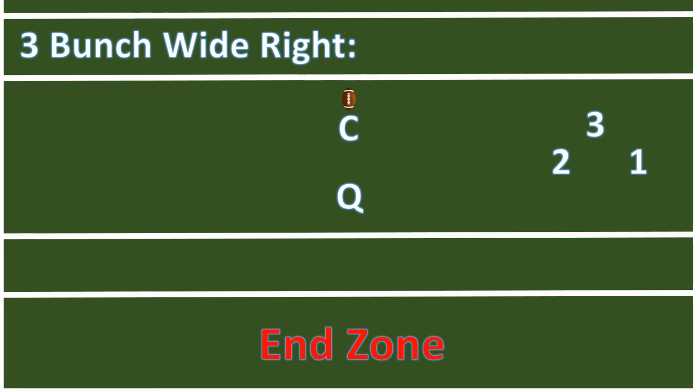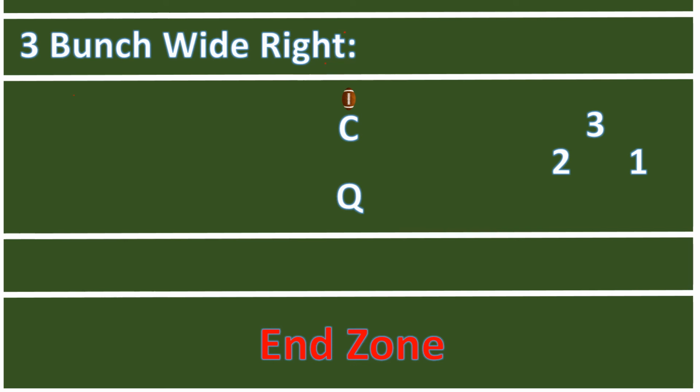So to keep that simple, then we can do the same thing with 3 bunch, 3 bunch. 3 goes out with the bunch now, knows that he's replacing the center who can't move. Wide right, and so now 3 sets the bunch to the right, and now we count it from right to left. 1 and 2 from right to left. And so it's really that simple. We just use a couple words to get ourselves going in the right direction, and we've totally changed up our formations.